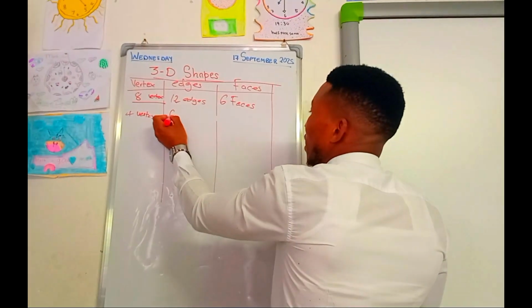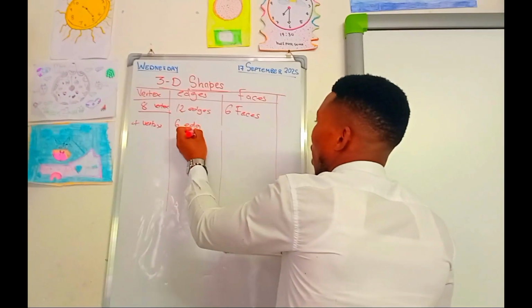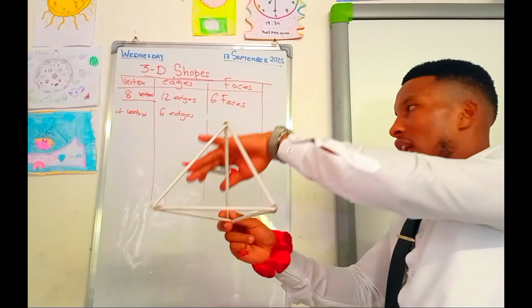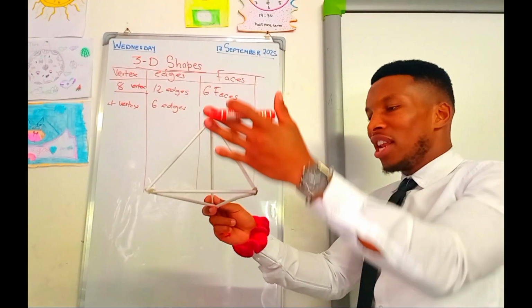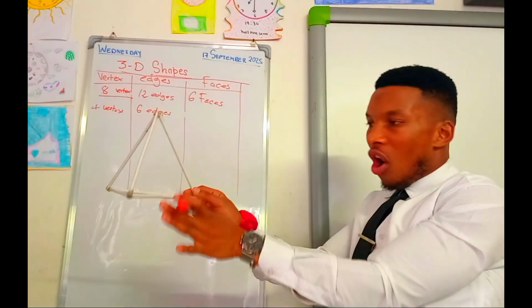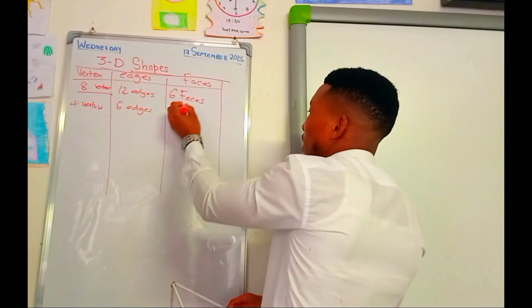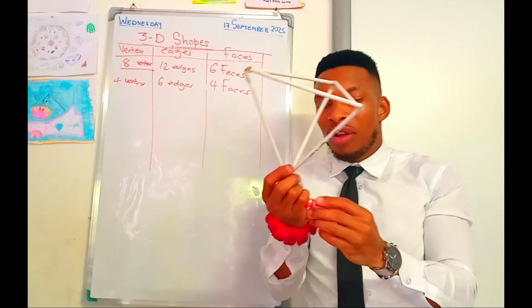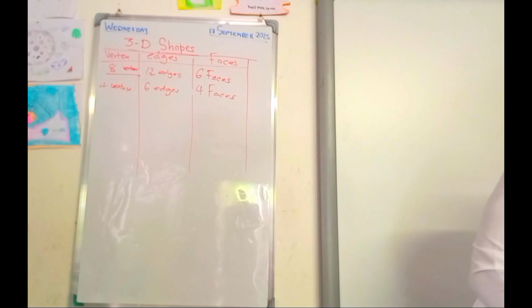We have 6 edges. How many faces? 1, 2, 3, 4. We have 4 faces on the tetrahedron, a triangular base pyramid.